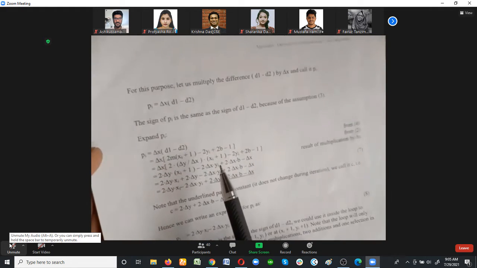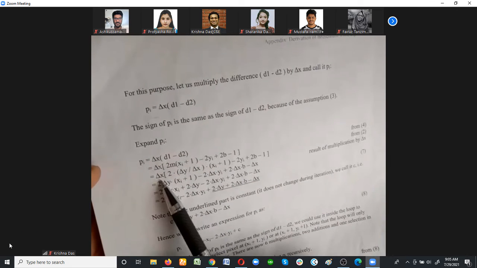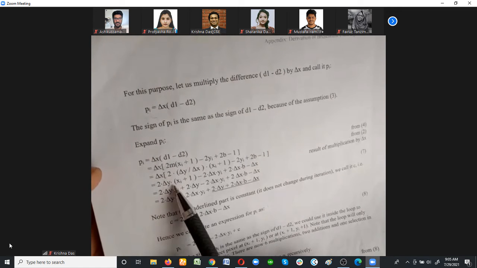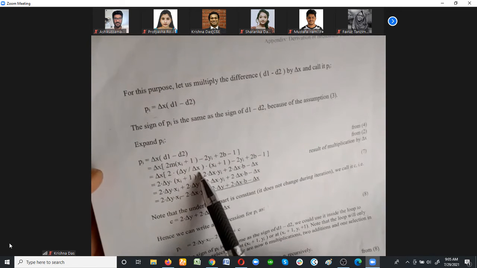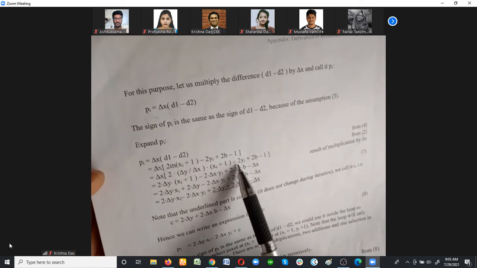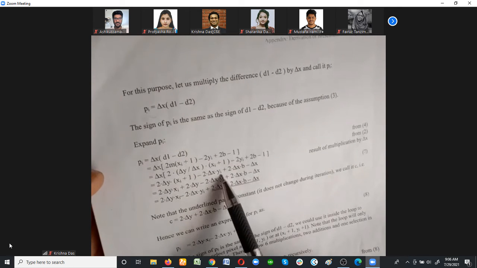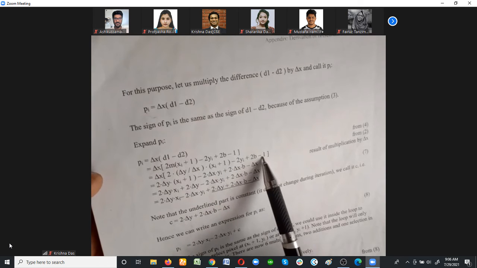Then we have del x into 2 into del y, sorry, that one will be 2 del y into x i plus 1, because the del x is gone, and then this one will be 2 del x y i, this will be 2 del x b, and this one will be del x.